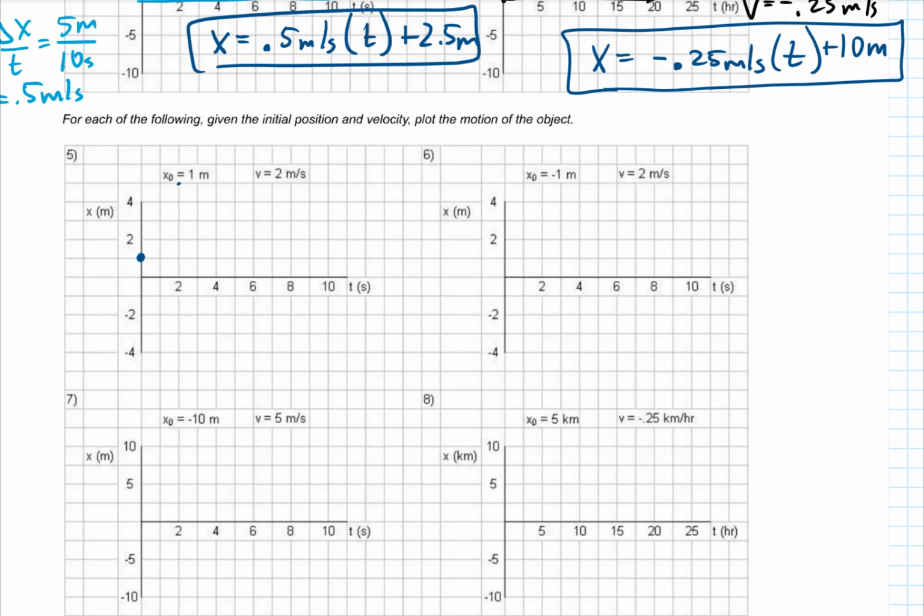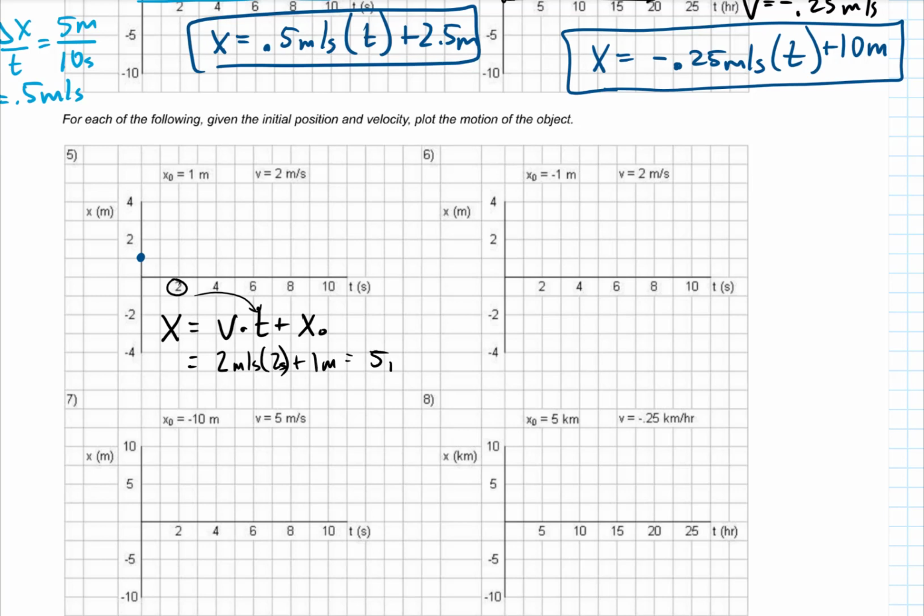The other thing that we could do is to say, well, I've got this equation where x is equal to velocity times time plus the initial position. So let's plug some random numbers in. I'll just use 2 seconds. That's going to be my time. So I've got 2 meters per second times 2 seconds plus 1 meter.